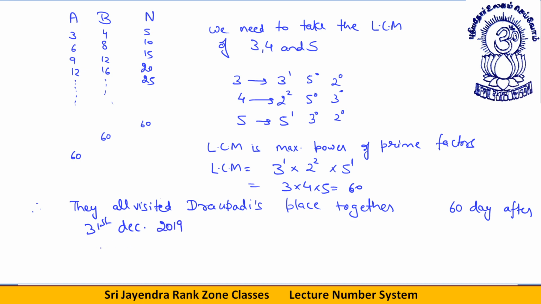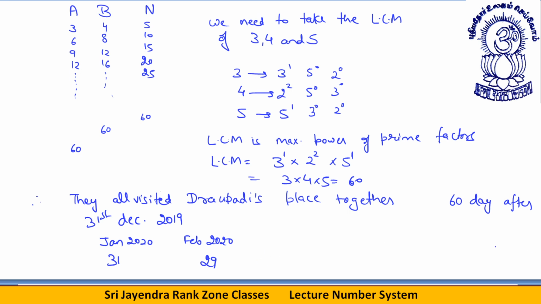So what will be the 61st day? January we have 31 days. This is 2020. February 2020 will be a leap year, so it will be 29 days. Therefore, we can say that they all met on 29th Feb 2020. One thing is clear to all.